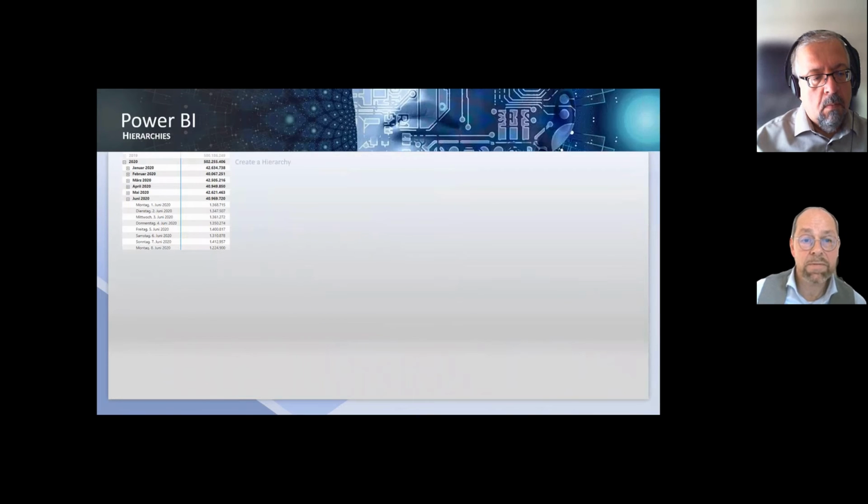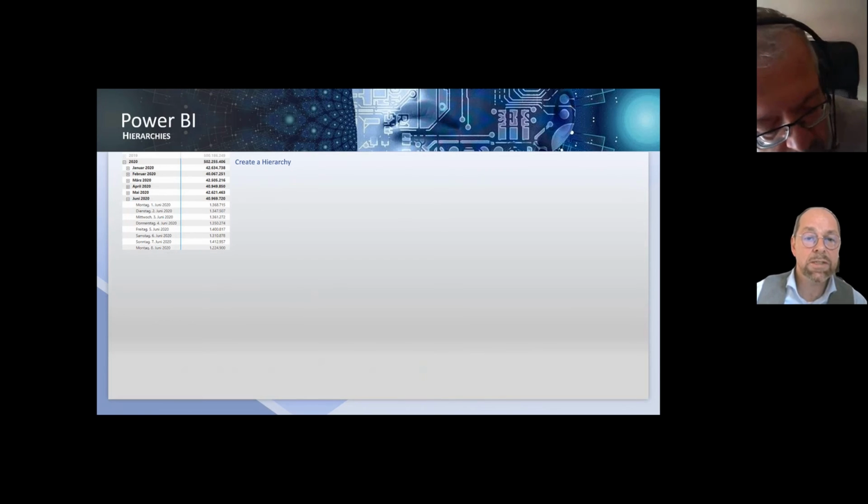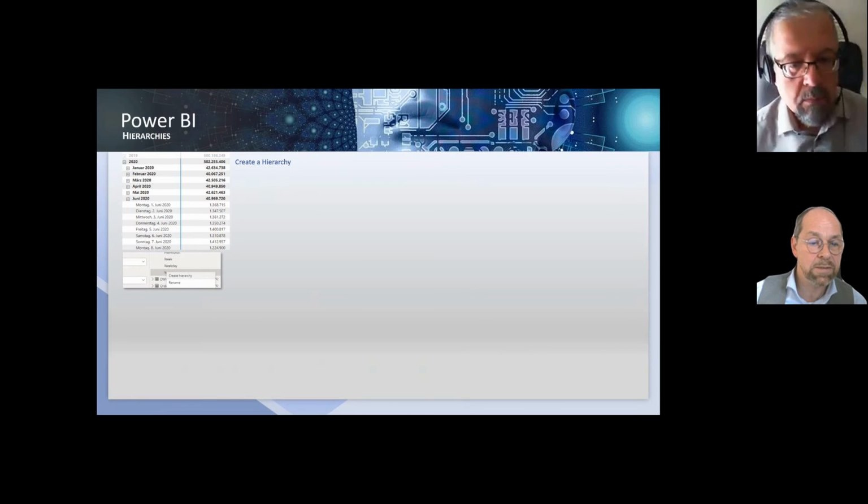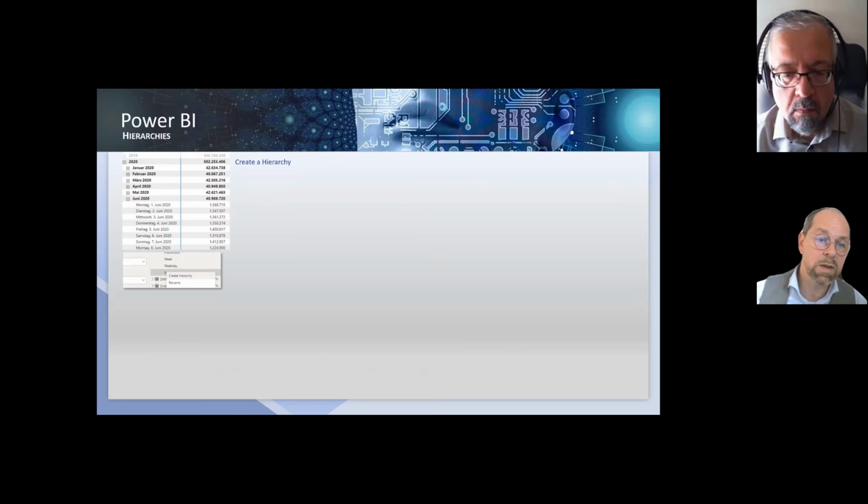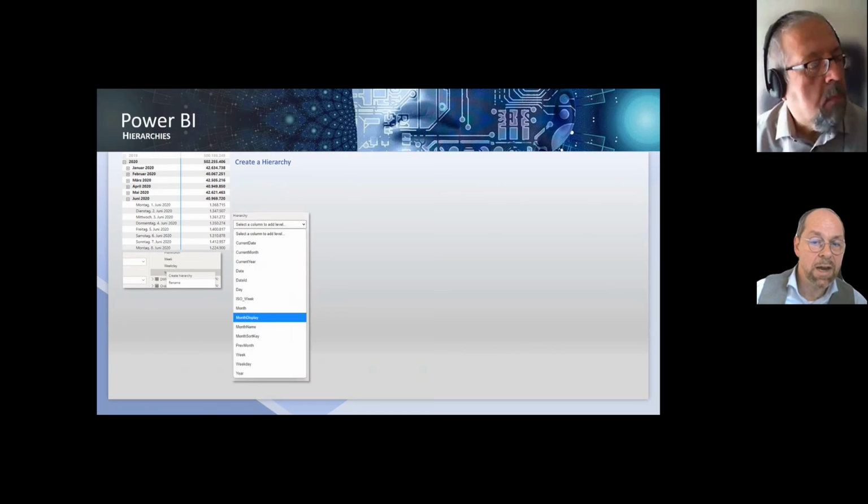Okay, hierarchies. Hierarchies are a very interesting thing because, as you can see in the screenshot, you can easily use them to drill down into the data. You just need the quantity of 2020. Maybe you want to divide it into January, February, especially in month figures or in day figures, whatever you like to do. You can do this by creating hierarchies, and you easily right click on the starting point, the top level of your hierarchy, in this case the year, saying create hierarchy.